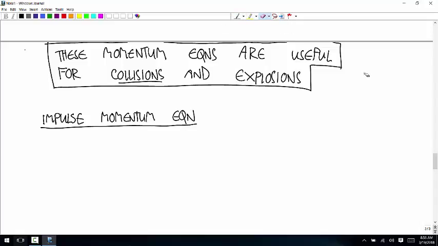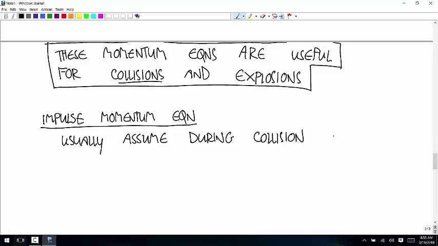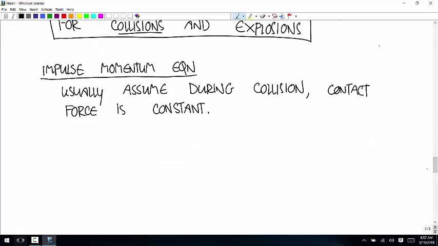The way to make this useful is to assume that over the time interval of the collision, during the collision, the contact force is constant. So let me just give an example, and then we'll go on to the next thing.